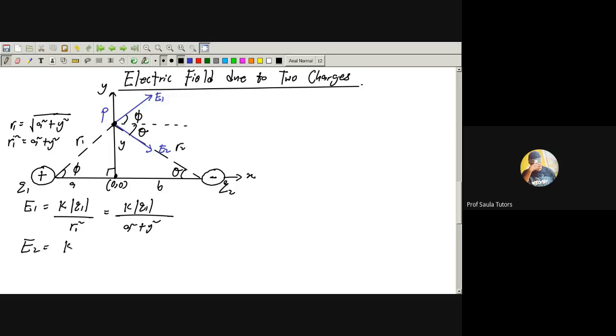Similarly, let's find the magnitude of the electric field E2. What do we have? kQ2 over r2 squared. And that will be equal to kQ2 over B squared plus y squared. Exactly, because our r2 here is also equal to the square root of B squared plus y squared. So therefore, my r2 squared is B squared plus y squared.